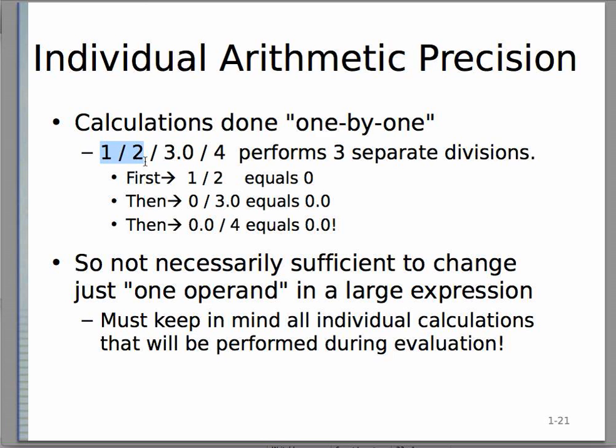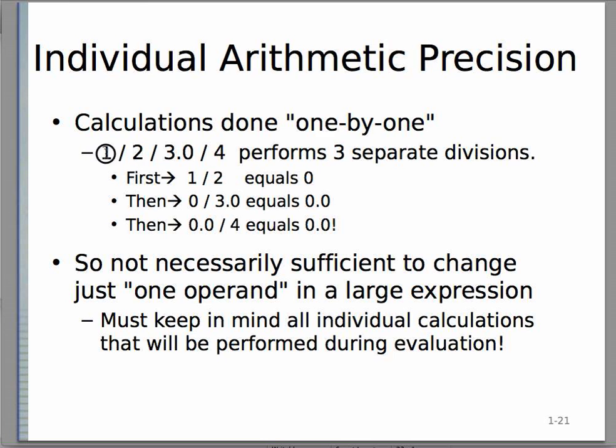Okay, so I'm guessing most of you are okay with this. Just want to check. Let me know if this is unclear. Alright, so it's not necessarily sufficient to change just one operand. In this case, changing just the 3 to a 3.0 does not give you the result that you might expect.